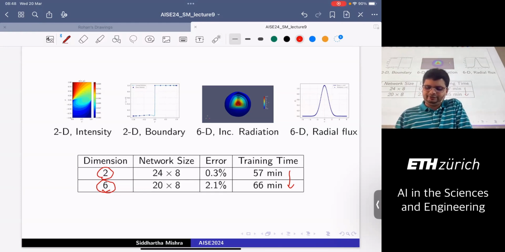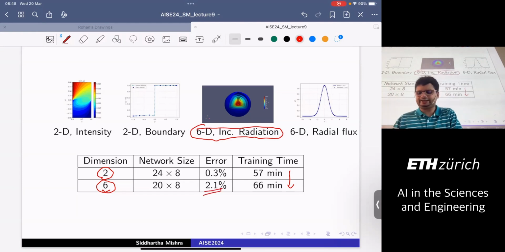But nevertheless, even for a 6-dimensional problem, which is visualized here using some 3-dimensional quantity, it's called the radiative flux, you can see that the error is only 2%. It took 1 hour. In a finite element code that I had for many, many years, this took maybe 15 days, to get similar kind of errors. So it took only 1 hour.